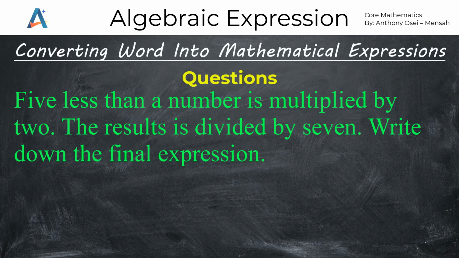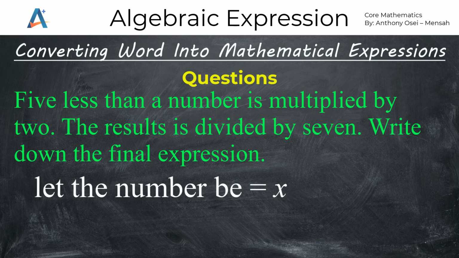A number. So the first attempt will be, let us give a variable to our number. Obviously, let x be the number. So let the number be equal to x. Now that we have the number, it says 5 less than the number.